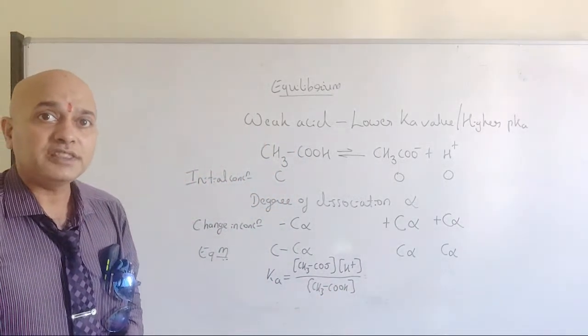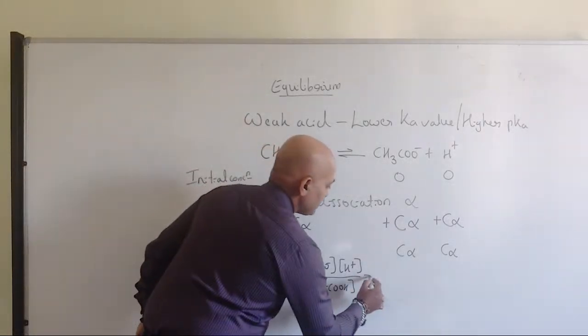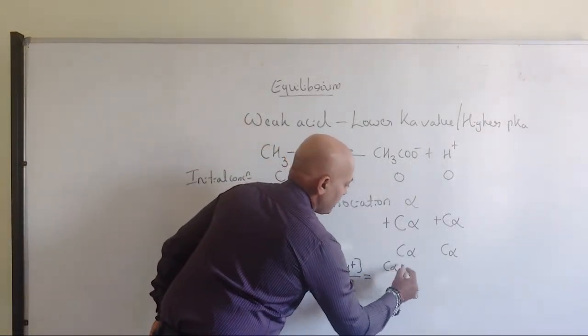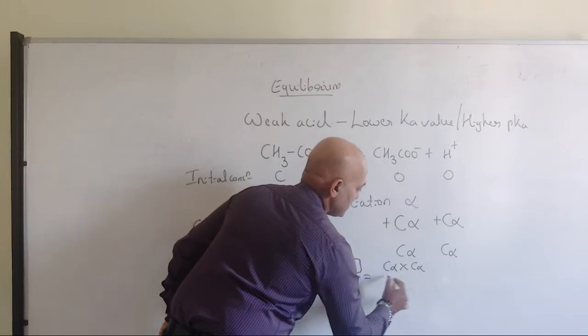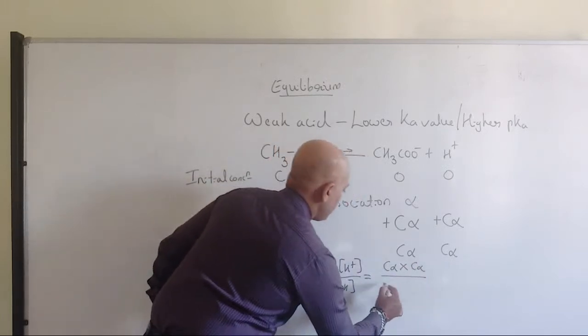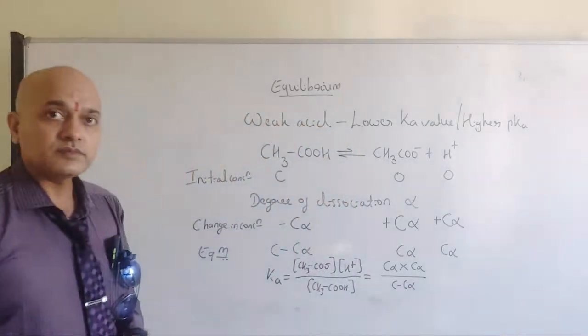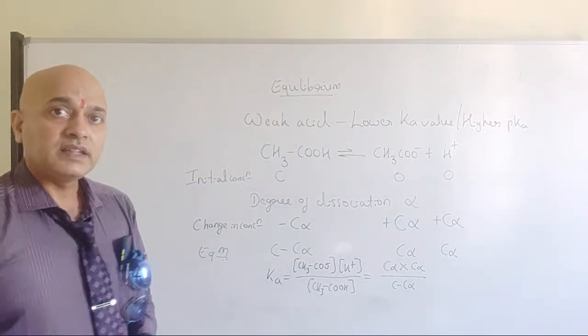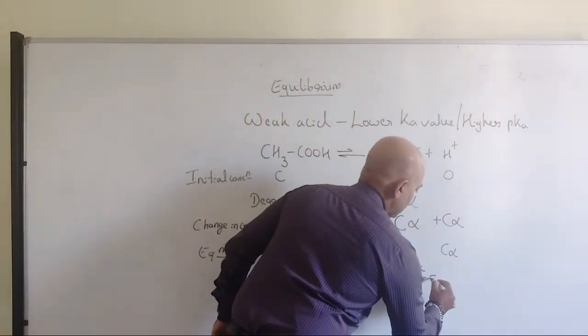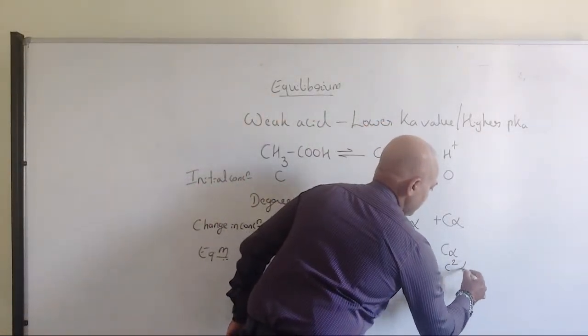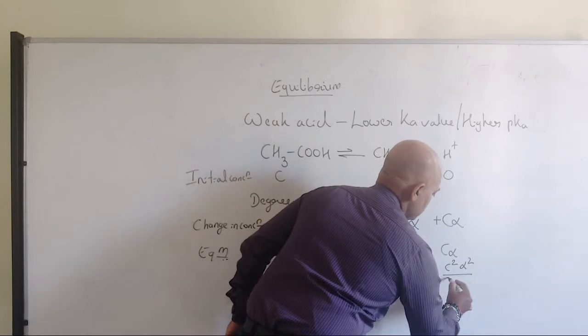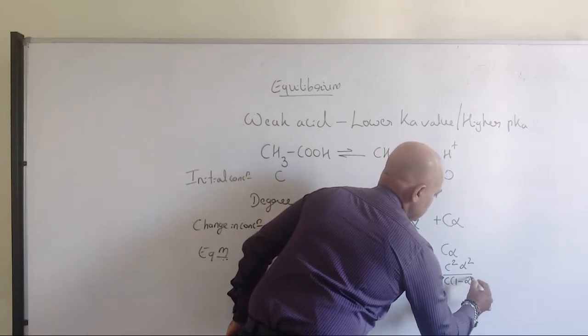All of you will agree with me? So naturally it will be C alpha multiplied by C alpha divided by C minus C alpha. Clear? Now further I can write it as C square alpha square over C into 1 minus alpha.